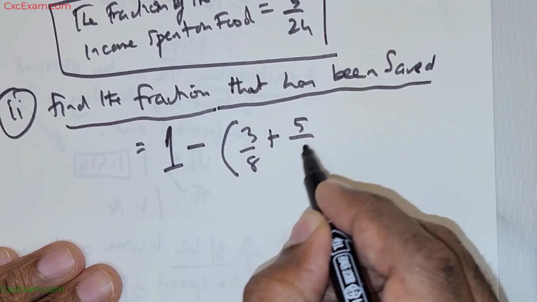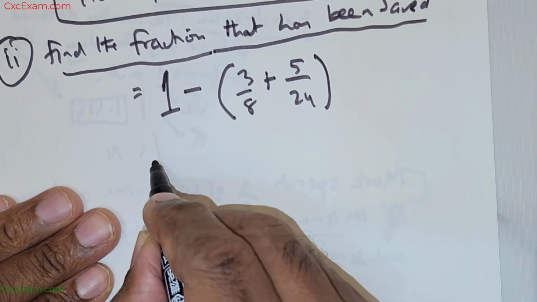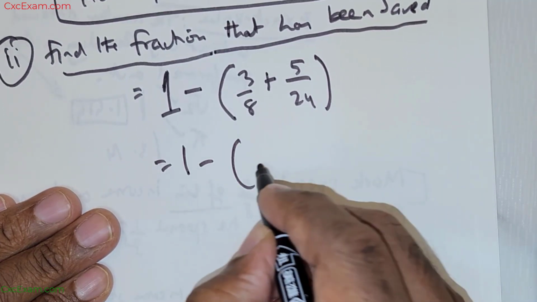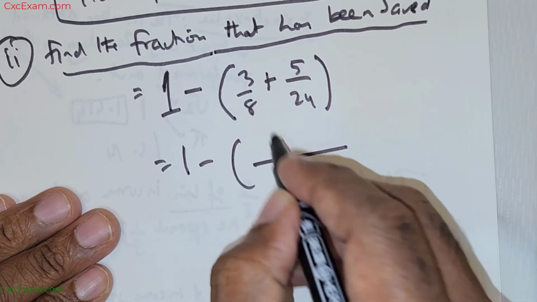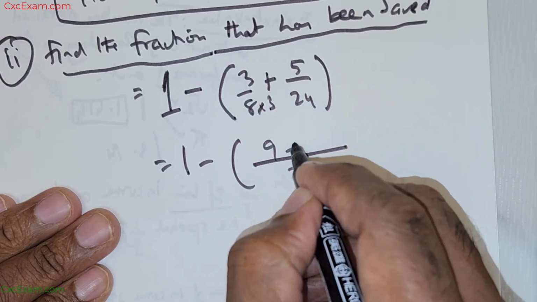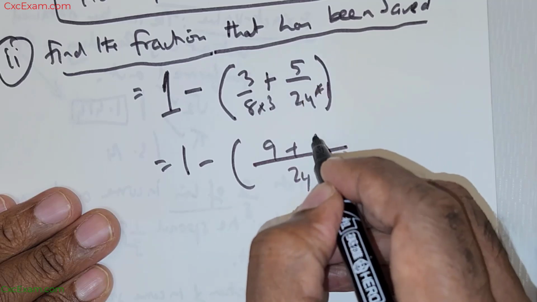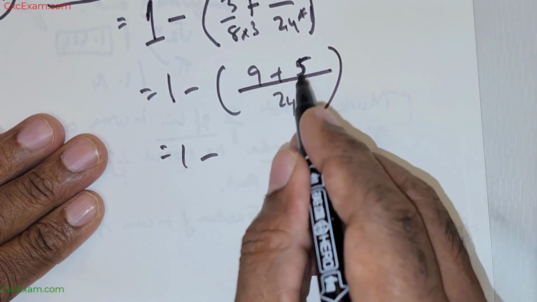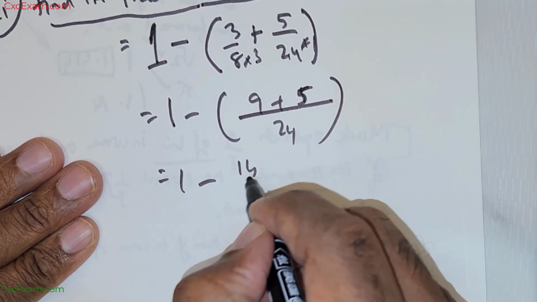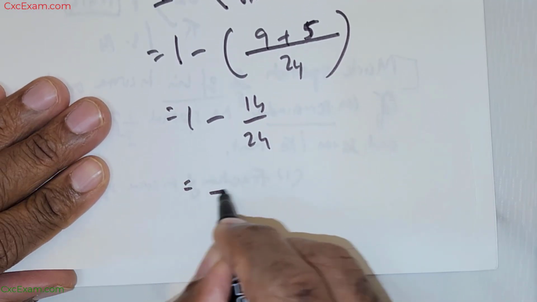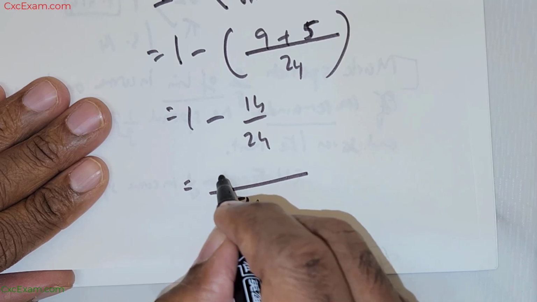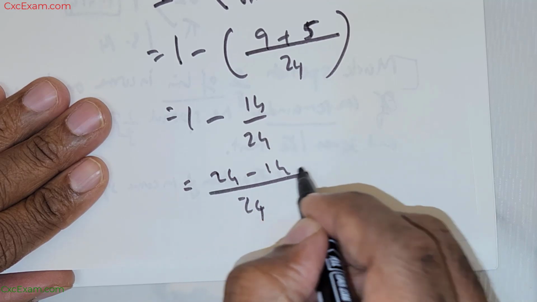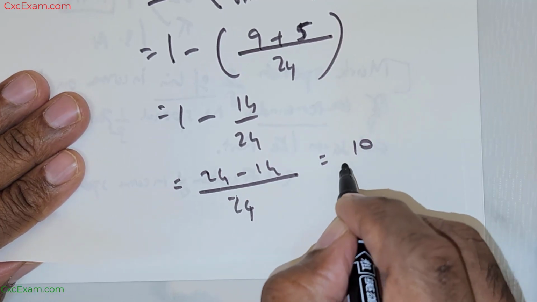What is that? 5/24. Now, you solve this. The LCM is 24. 8 divides here 3 times. 3 into 3 is 9. 24 divides 24 once, 5 into 1 is 5. So this is 1 minus. 9 added with 5 is 14 over 24. The LCM is 24. You get 24 here minus 14, which is nothing but 10 over 24.